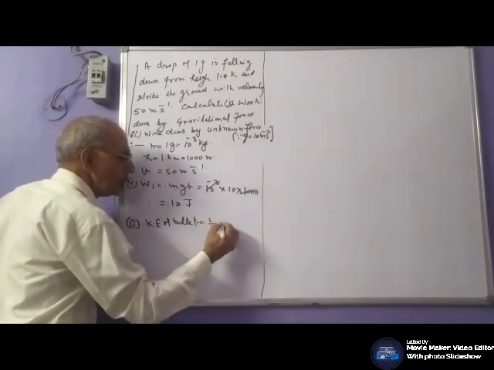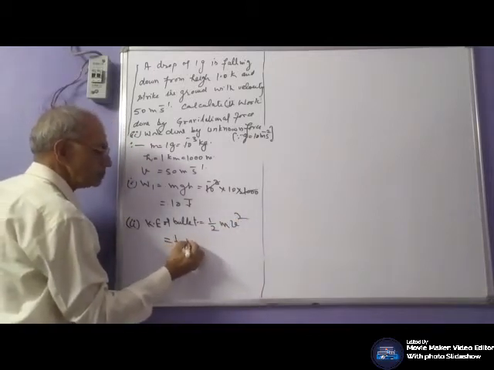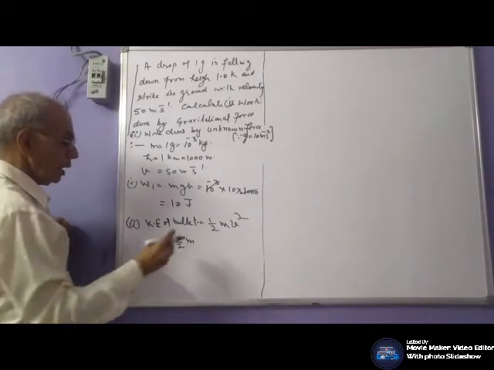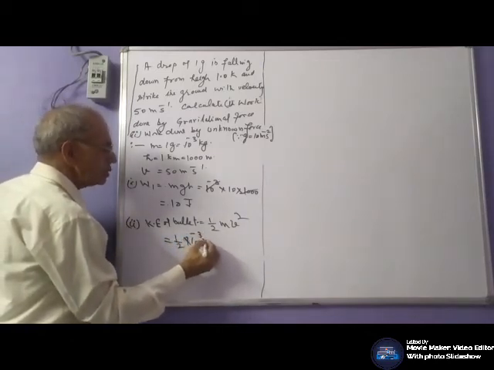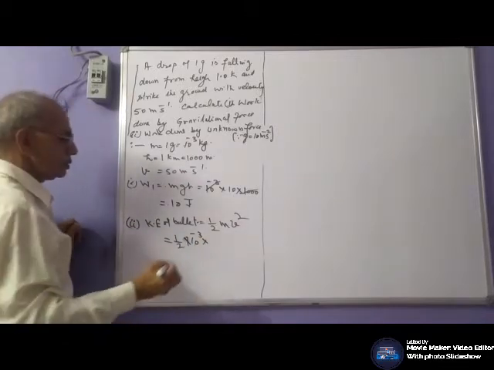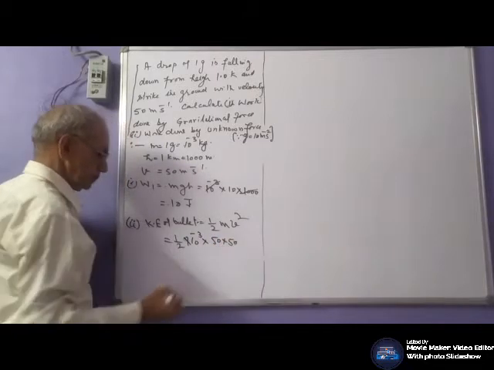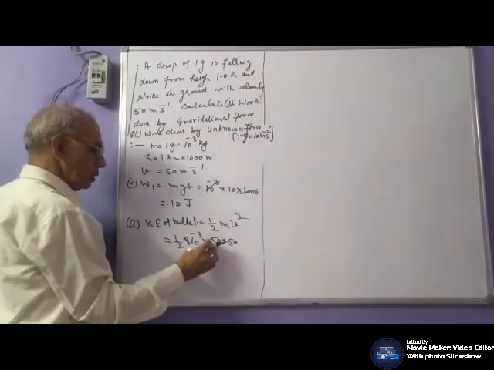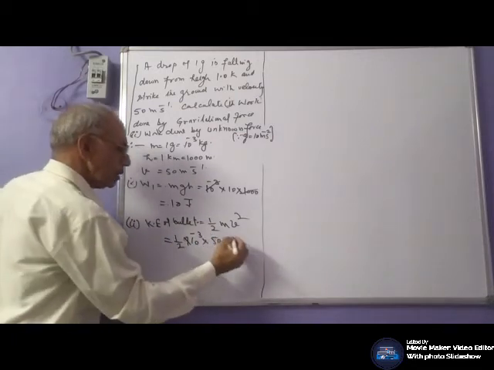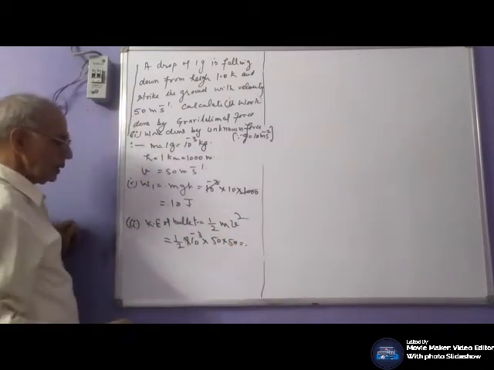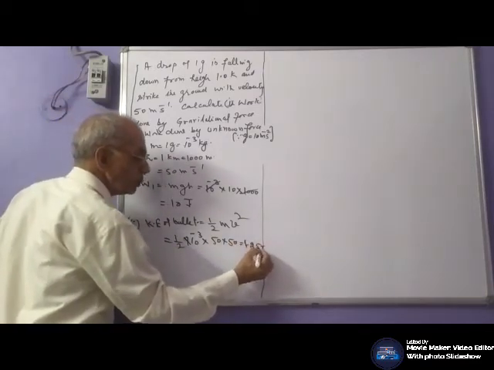It is half m v squared, where m is 10 to the power minus 3 and v squared is 50 into 50, which is 2500, divided by 2, 1.25 joule.